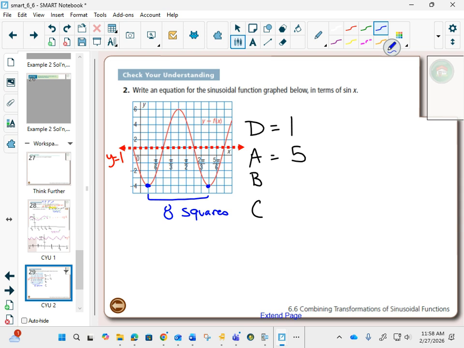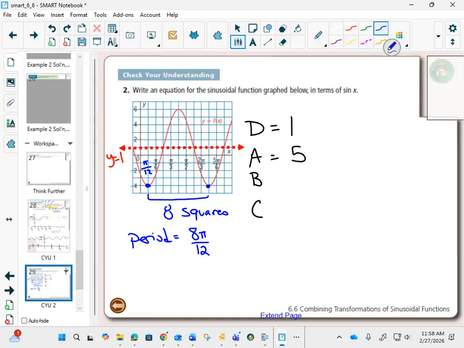But what's 1 square? Well, if this is pi over 6, does it make sense that 1 square is pi over 12? So my period, 8 squares, is 8 pi over 12.